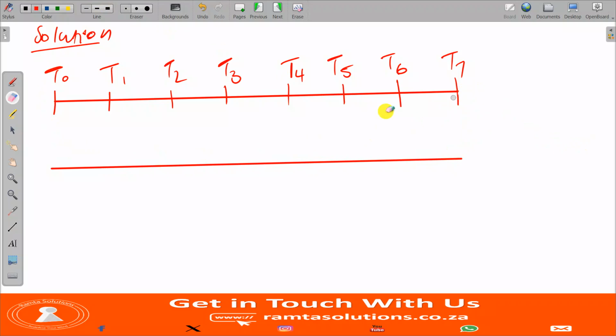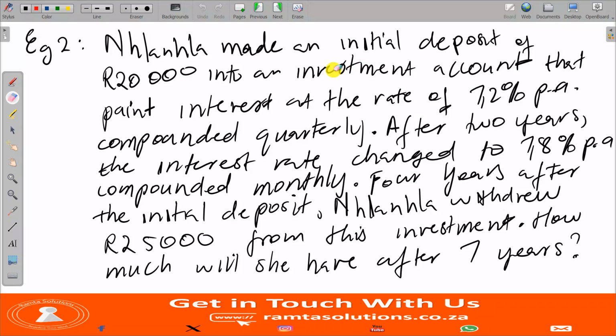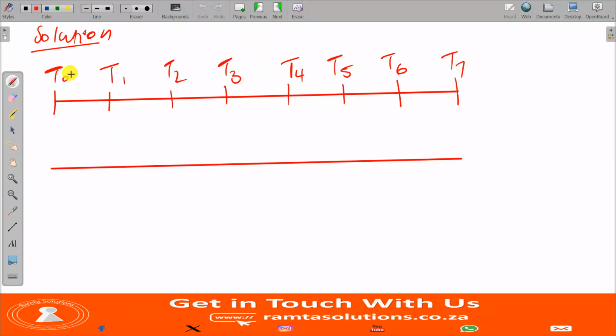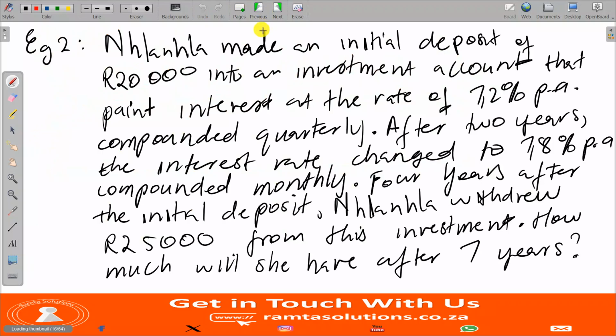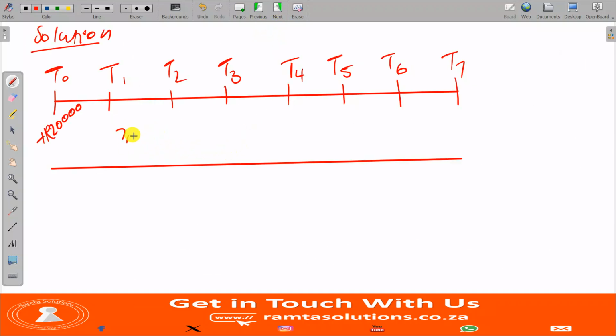All right, let's see now. So for 7 years, let's go back. Nhlanhla deposited 20,000 into an investment account, so this is plus 20,000, at an interest rate of 7.2% per annum compounded quarterly, so this is 7.2% divided by 4.